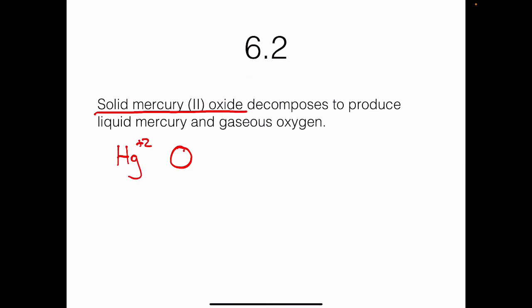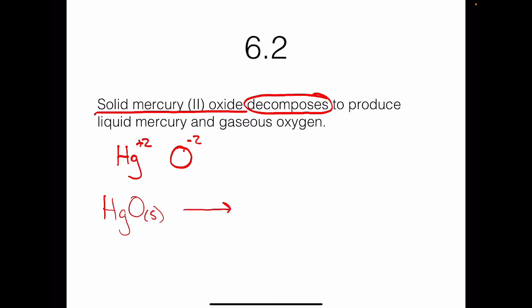So that's how we're going to come up with our formula. Mercury(II) oxide gives us the formula HgO. It tells us that it's solid, so we're going to put s in parentheses. And then we see this word "decomposes." We know decomposes refers to something breaking down. So that means that mercury(II) oxide is our only reactant.